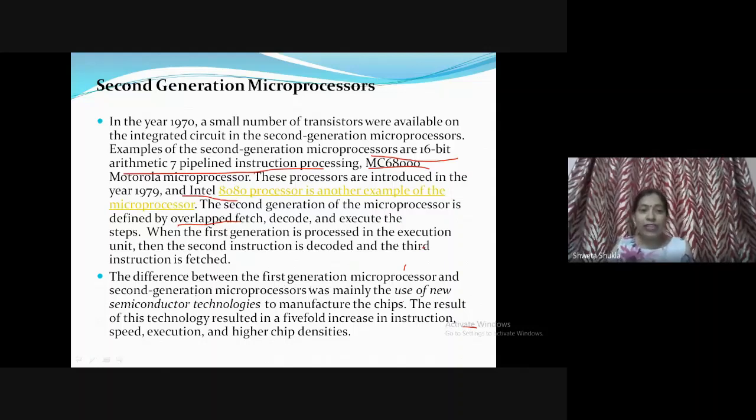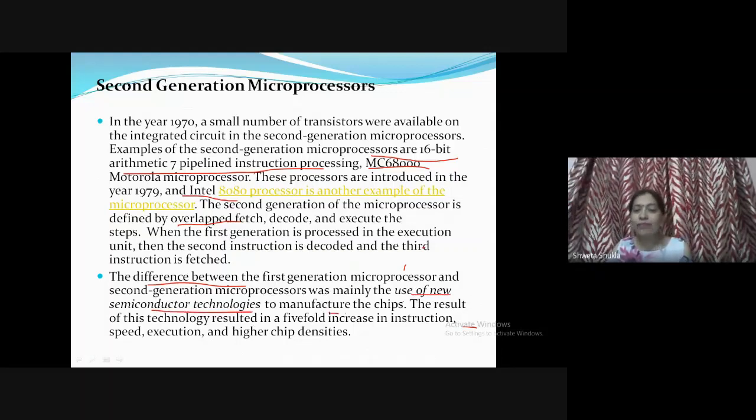Now the most important thing is the difference between the first generation and second generation microprocessors. In the second generation microprocessor, as compared to the first generation, we are using new semiconductor technologies. That means to manufacture these microprocessor chips, we are using new semiconductor technologies. Maybe the number of transistors is increasing.